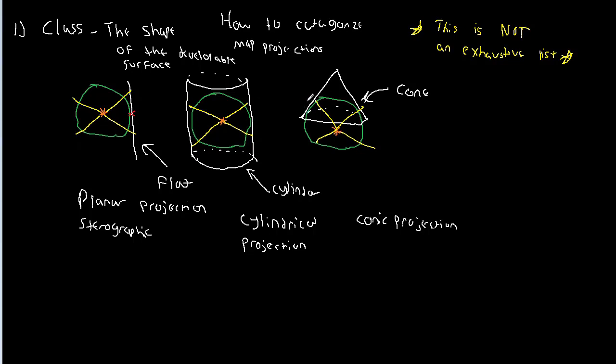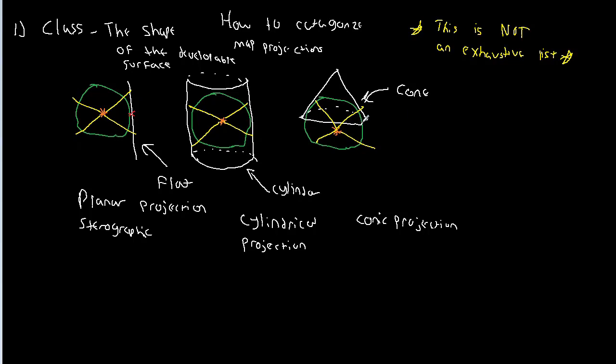And depending on the shape that we make the developable surface, parts of the Earth are going to be missed because there's simply no developable surface there to capture the projection, right? So in the case of a planar or a stereographic, you might be missing significant portions of the Earth's surface when you project it because there's simply no developable surface there, right?